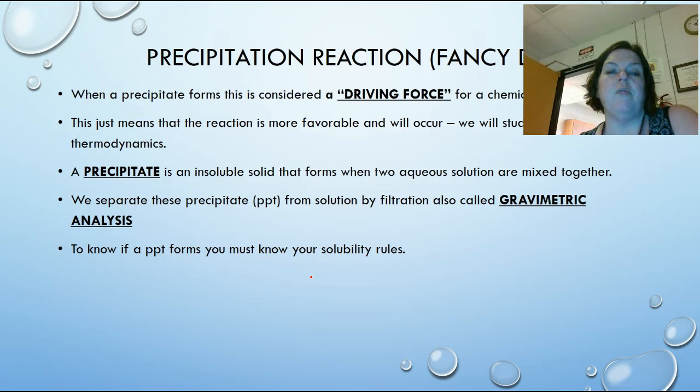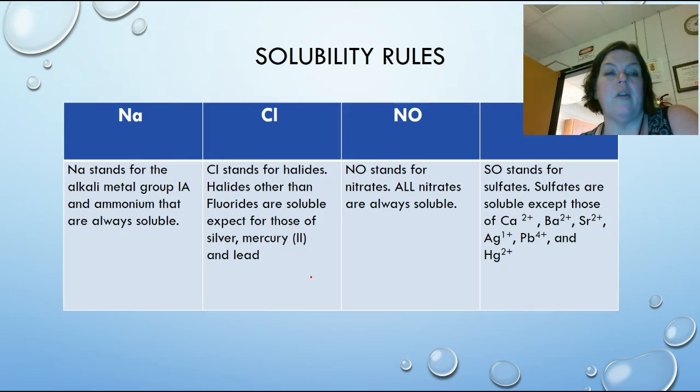So to know if a precipitate forms, you have to know your solubility rules. So here they are. NaCl-NoSo. Remember, Na stands for the alkali metals and the ammonium group. The Cl stands for the halides, minus fluorine. Fluorine's a weird halide, so we're not going to worry about it too much, but PMSs of any halides are not soluble. That's lead, mercury, and silver. NOs, nitrates.